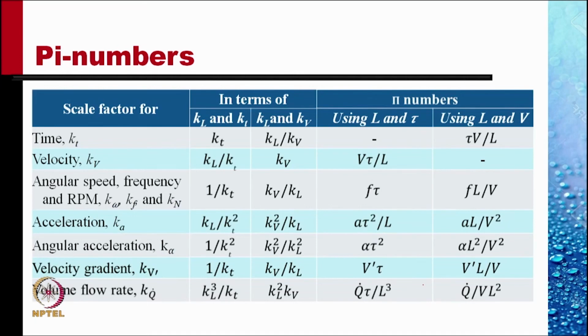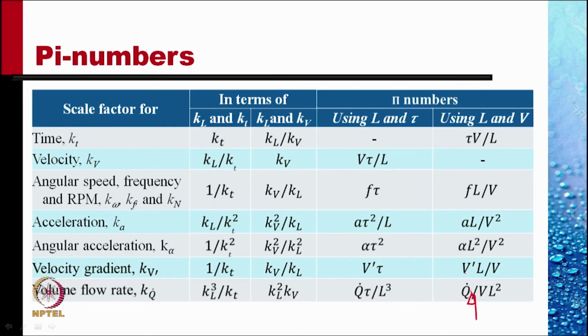So we convert the relations between the various scale factors that we obtained earlier into pi numbers. These are the pi numbers using L and V, the length and velocity. For angular speed, frequency, RPM, the pi number is FL by V. FL by V in the prototype and in the model must have the same value.